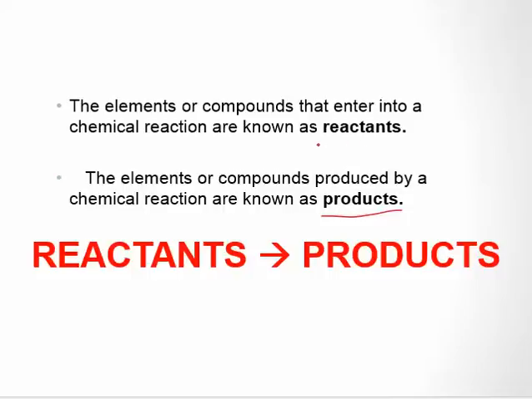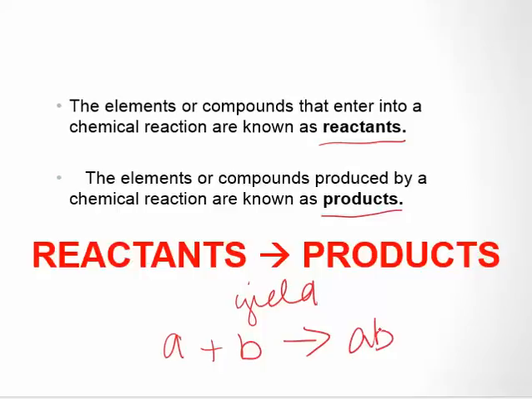These reactants are either going to combine or break apart, their valence electrons are going to do some type of rearranging, and then they will be known as products. So at the very basic sense, you have reactants yield, or produce, products. Another way you can write a very simple reaction would be A plus B yields AB, right?